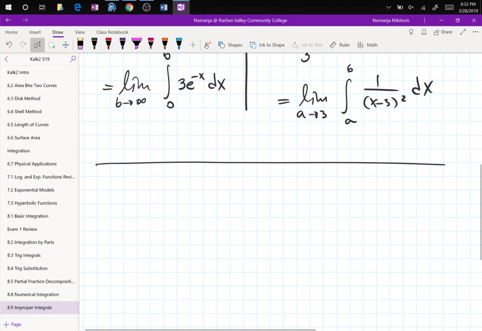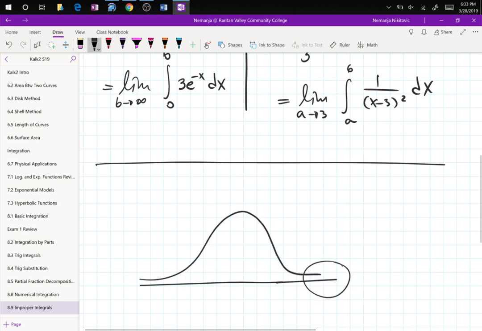Oh, and have you seen these before? Yes. If you ever took statistics and you have seen the bell-shaped curve, it is leaking areas on both ends, right? But the area under the bell-shaped curve is 1, which is 100% for probabilities. So the reason why we don't teach statistics the way we're supposed to teach statistics here is because we can't really make Calc2 prereq for statistics, which is why our statistics doesn't transfer to every institution.